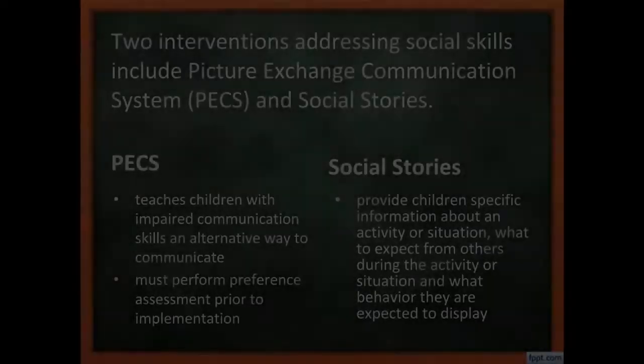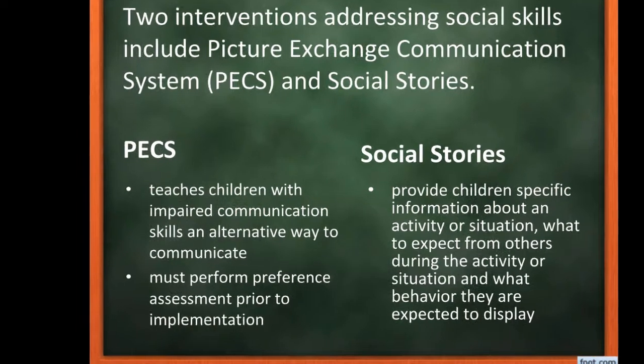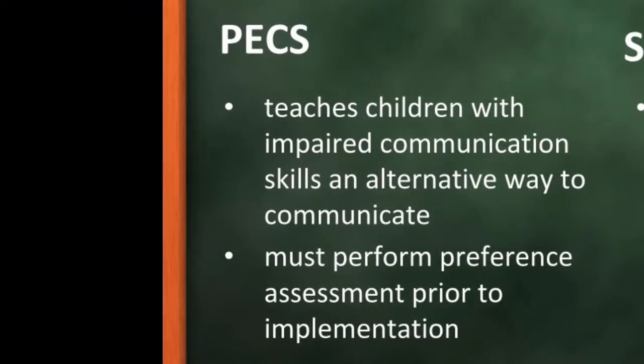The range of interventions addressing social skills is as broad as the skills needed to be socially successful. We will focus our training on the use of Picture Exchange Communication Systems, or PECS, and social stories. PECS teaches children with impaired communication skills an alternative way to communicate.